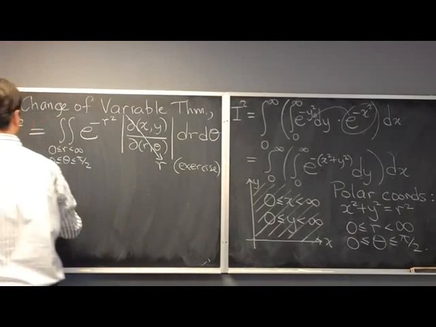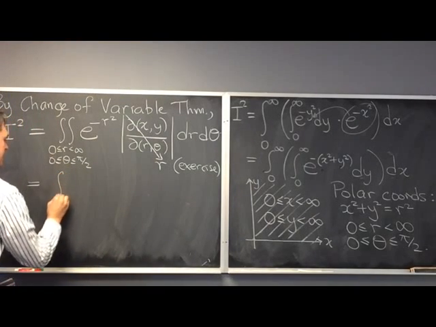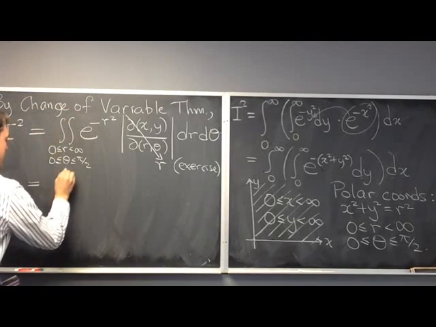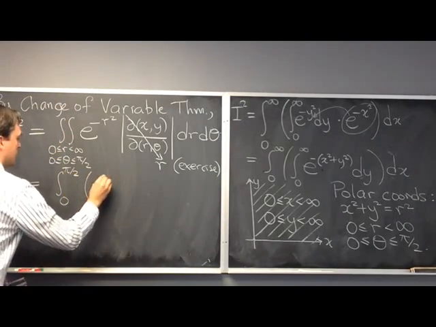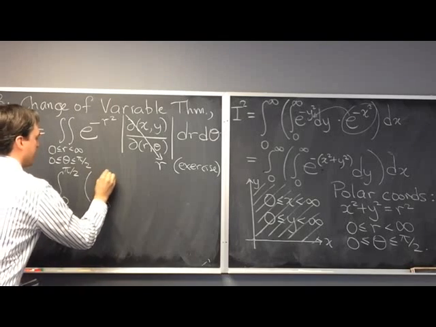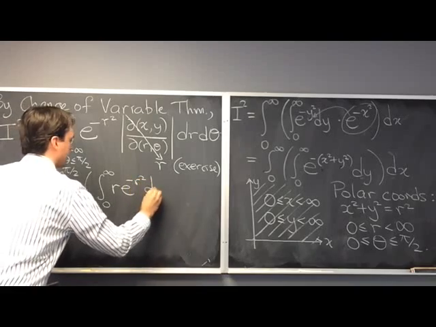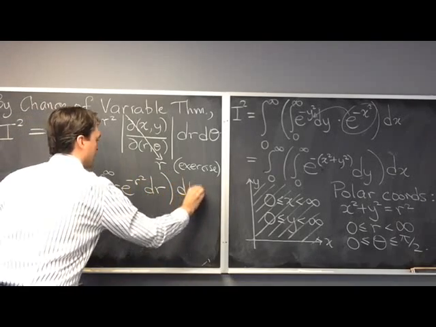So you could work that out. Let's do the theta on the outside. So theta is from 0 to pi by 2, and r goes from 0 to infinity of r e to the minus r squared dr, and then d theta.